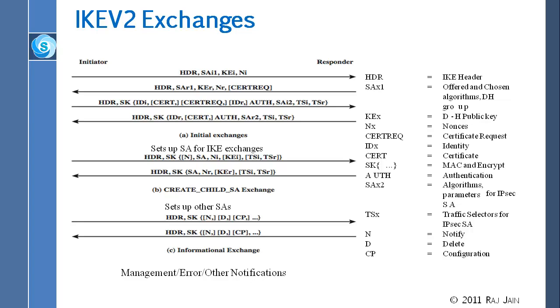So for example, you could send a header message, get a header response, and so on and so forth. At the end of these two messages, you will have a security association, and then you can create a child security association.